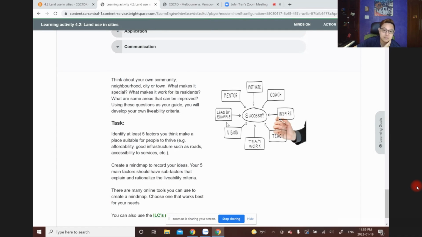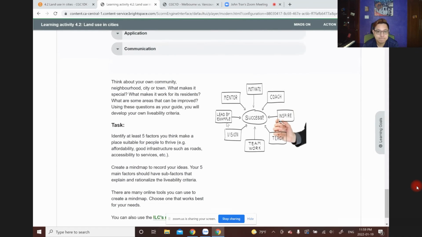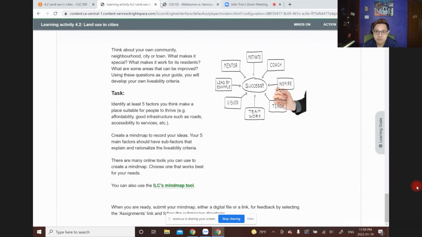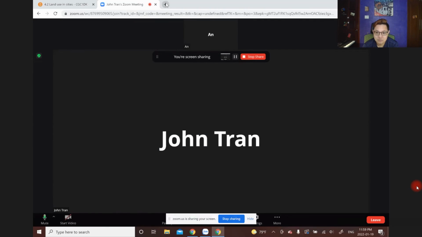Identify at least 5 factors you think make a place suitable for people to thrive, e.g., affordability, good financial structure, such as roads, accessibility to services, etc.